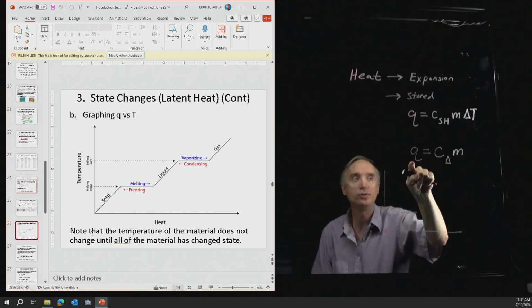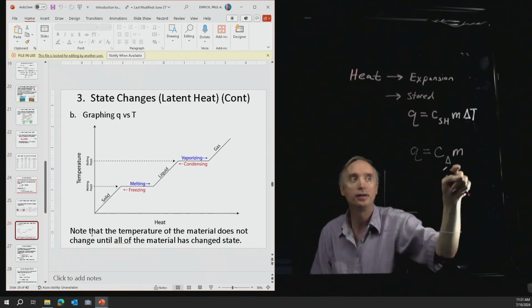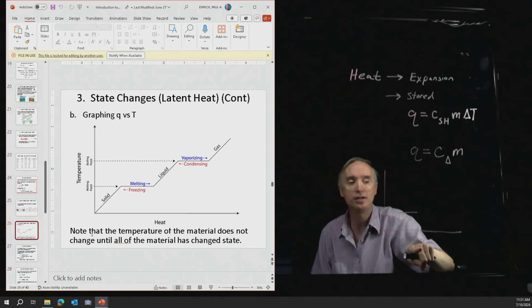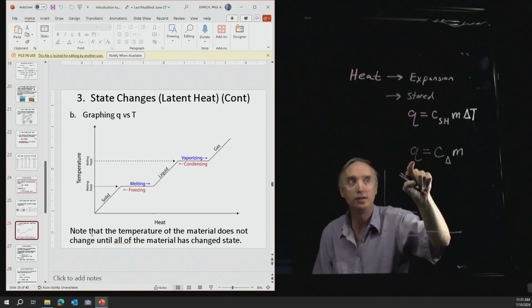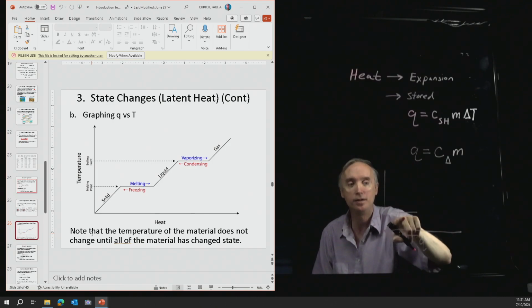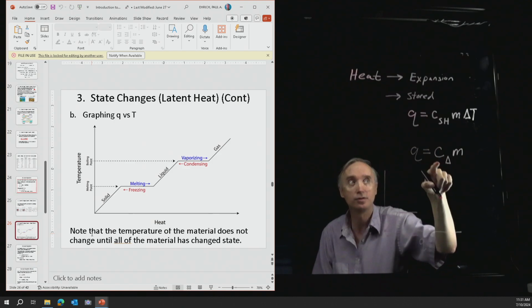And now we would use this formula to figure out how much heat we need to add. This amount of heat from here to here would be given by this formula right here. And it would depend on what the material is, because that's going to be this constant.